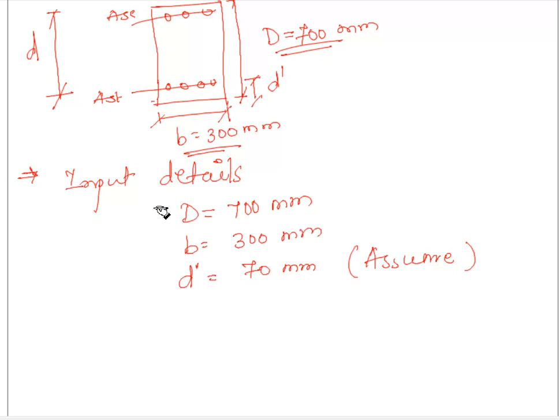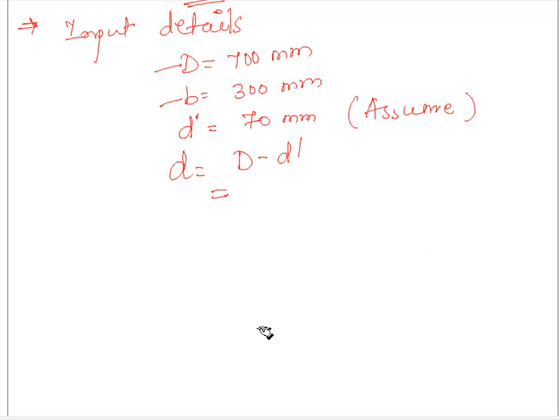The effective depth is your overall depth minus your effective cover, so 700 minus 70 is 630 mm. This is your effective depth.